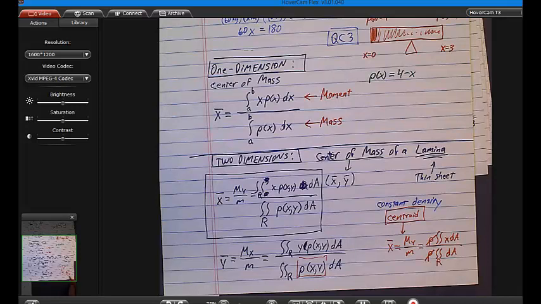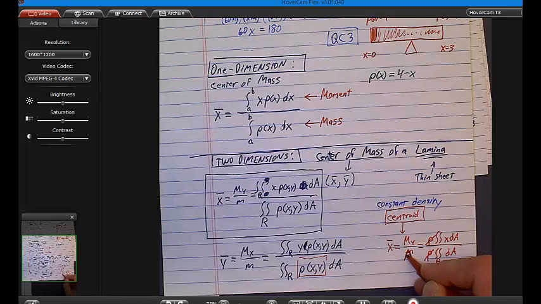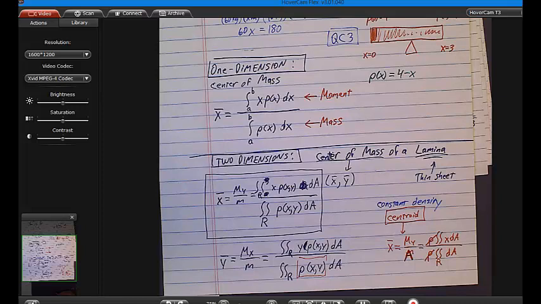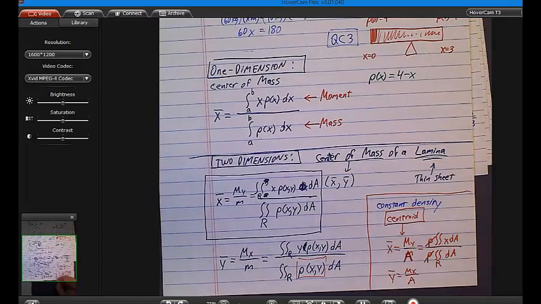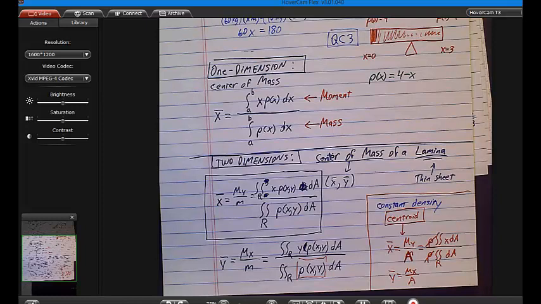We said when you integrate 1. So really I could say it's the moment across the y-axis divided by A. And then y bar would be the moment across the x-axis divided by A. So this is in the special case where your density is constant. And sometimes some of the problems will ask me that also.